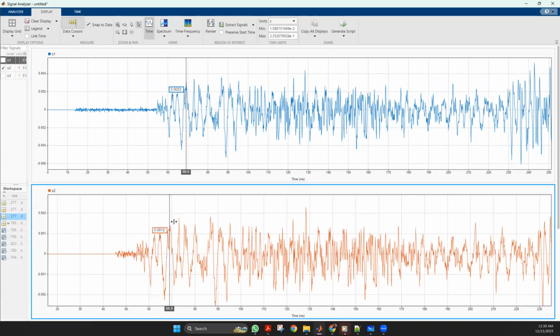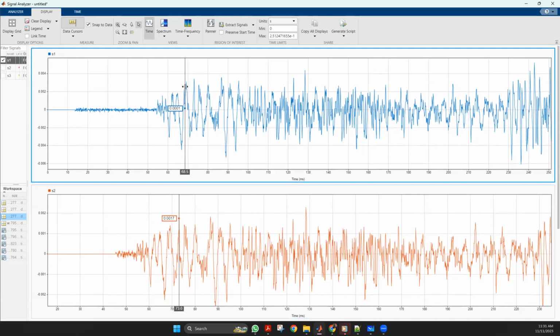In the other plots, if I take the same peak, I can obtain its value by going into the amplitude. Then I can read the amplitude here, and the amplitude here is different. So in here the peak value is another value.